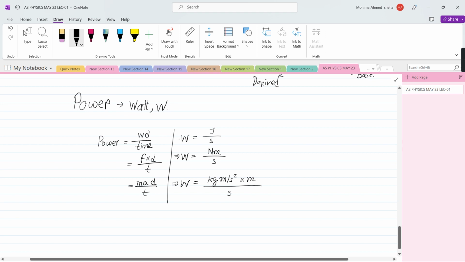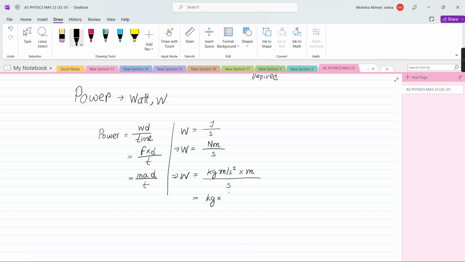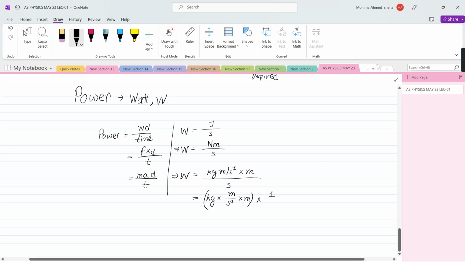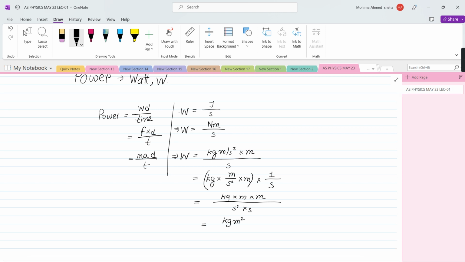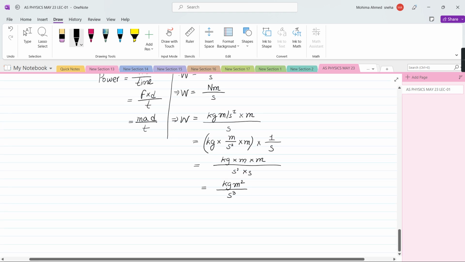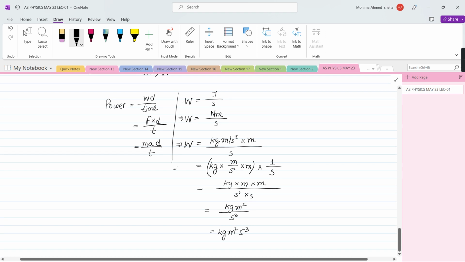Then I'm going to write the denominator separately, so it will look like kg into meter by second square into meter, multiplied with 1 by second. So what you have at the numerator is kg into m over s square into s. The final thing would look like kg meter square over s cube, and the entire thing will be kg m² s^-3. So this is the base unit for watt, right?